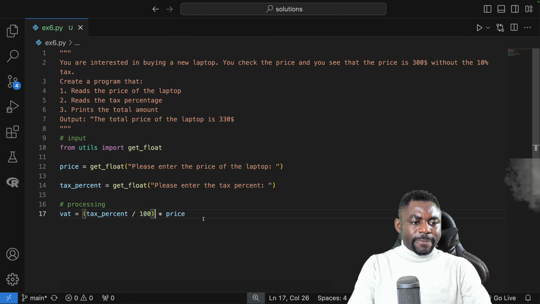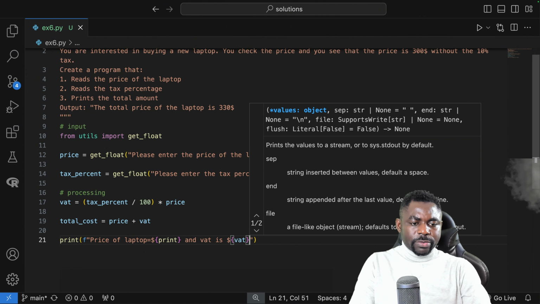If we print this, we'll see the output. The total price is, okay, price of laptop equal, we'll put the price here. Let's assume this to be dollars as always, and VAT is, let's put VAT in dollars.